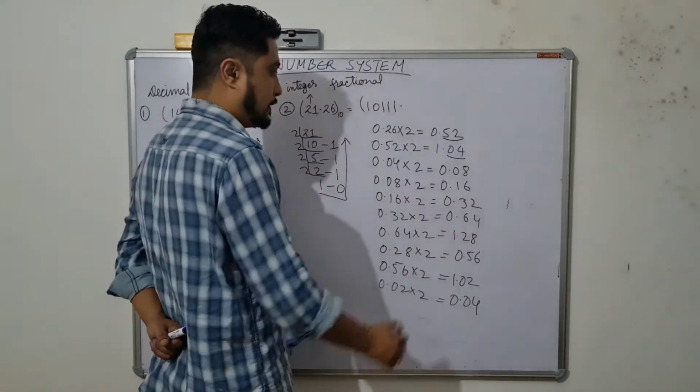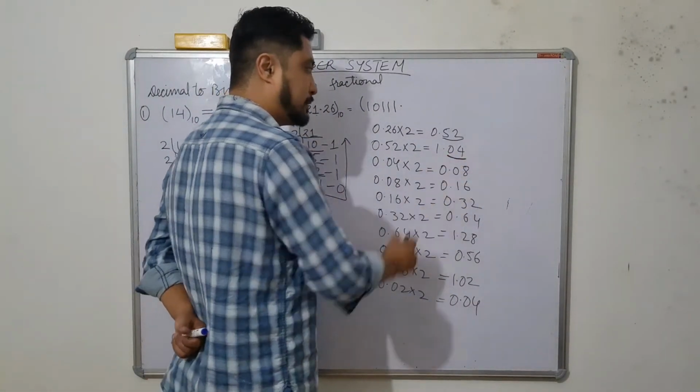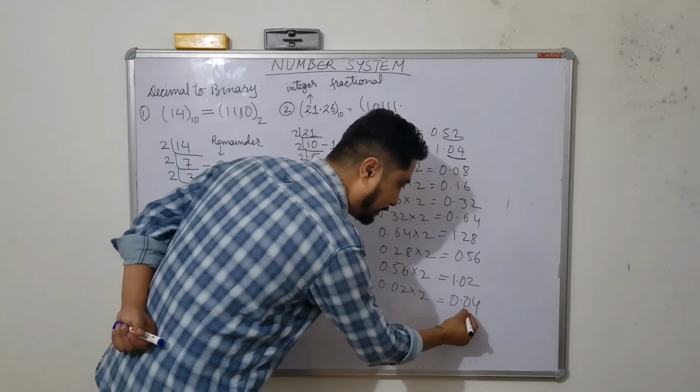Now see, since after the decimal point 0.04 is there, and again after the decimal point you see here it comes 0.04.